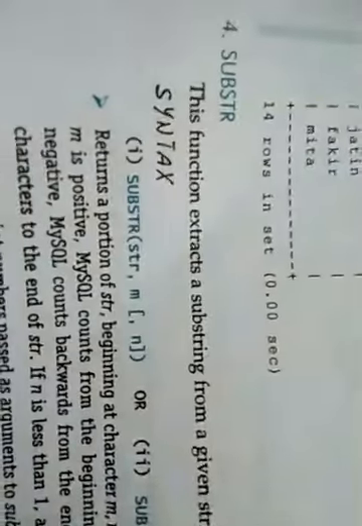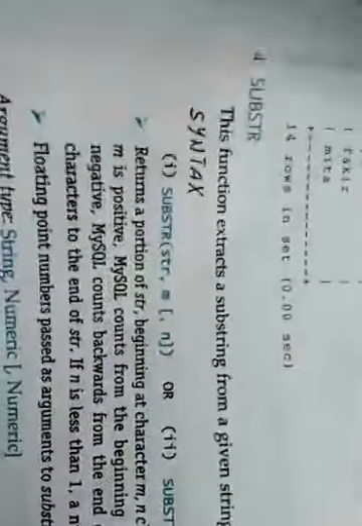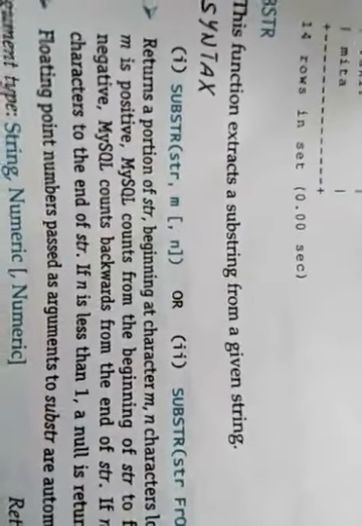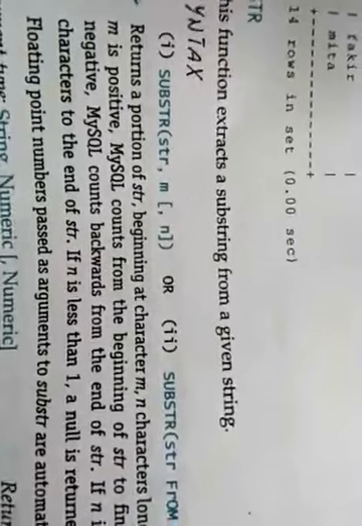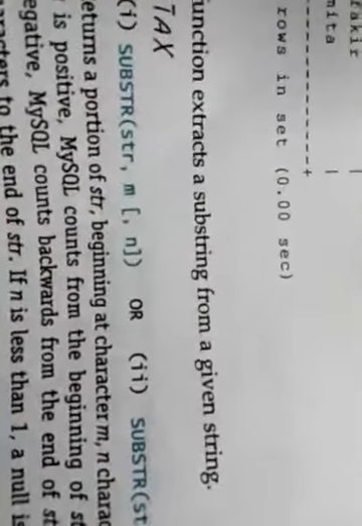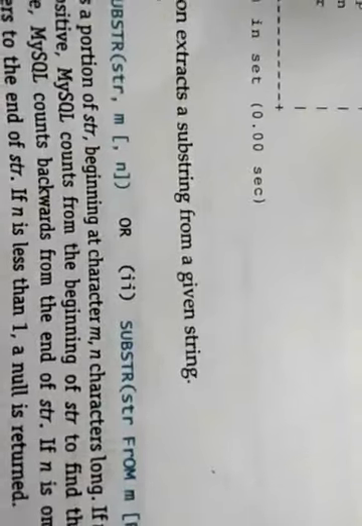Now the next function is SUBSTR. Substring is a function used to extract a string from a string, and it requires the starting position and the number of characters. The syntax of SUBSTR is: first the string, second the starting position, and third the number of characters. Let's take an example.